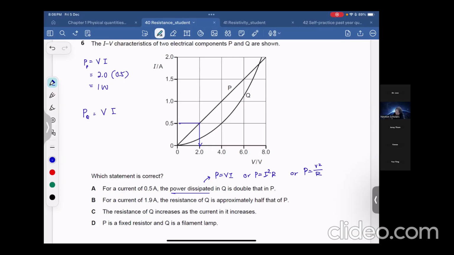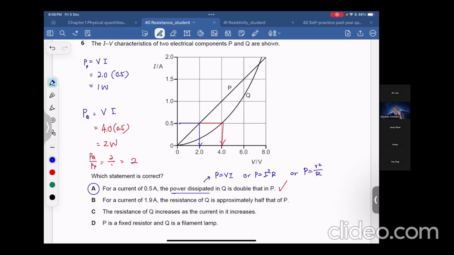When 0.5, I will get V of 4.0. So 4.0 times 0.5, I will get 2 watts. Okay, so can you see that PQ over PP is 2 over 1? So it's double, correct. Answer should be A.